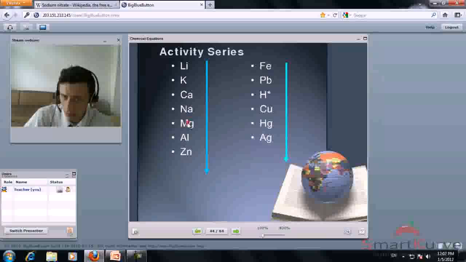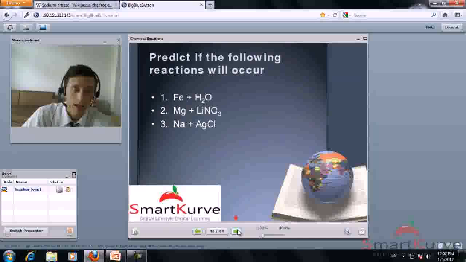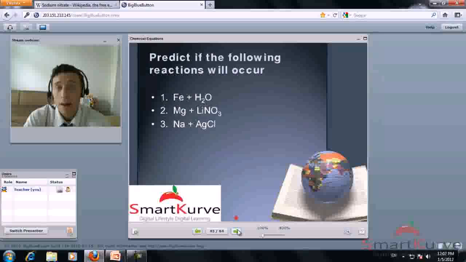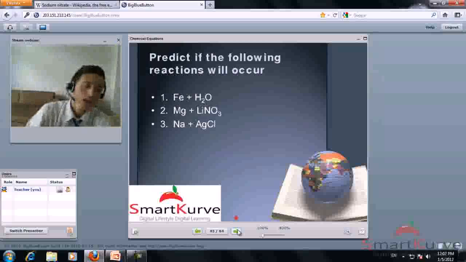However, it is below lithium, meaning that lithium is more reactive than magnesium. So magnesium will not replace lithium in this reaction. So will that reaction occur? The answer is no. Let's look at the next one.